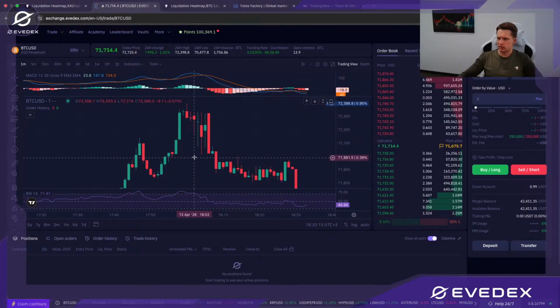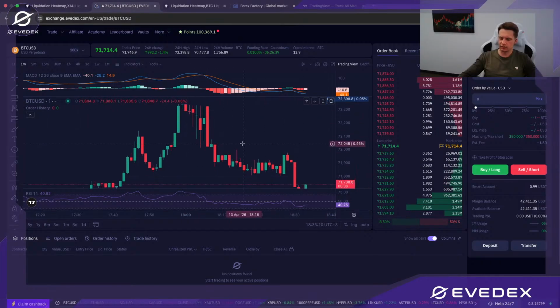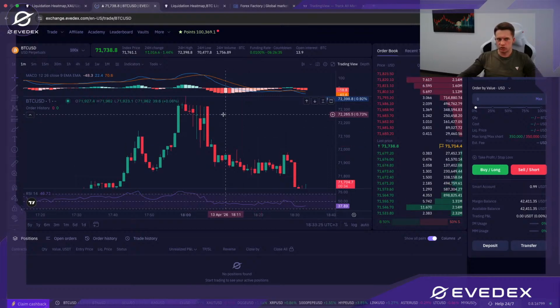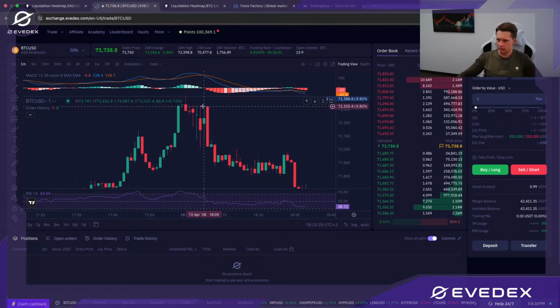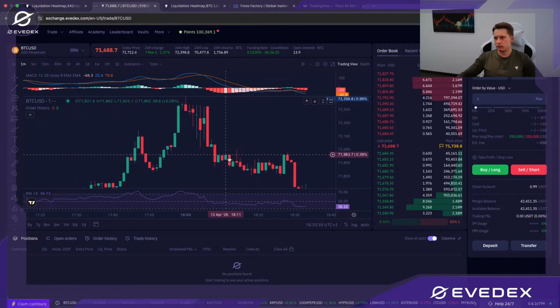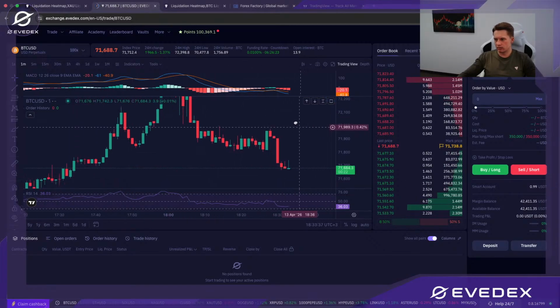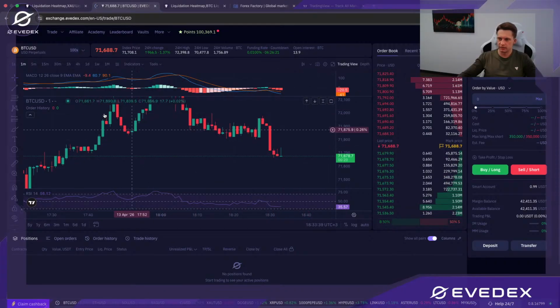For a gravestone, the price goes up slightly, and then there's a relatively bigger move on the bearish side. You can see price came up to here, pretty much at the peak of this candle, and then we have a relatively larger move bearish, as you can see.